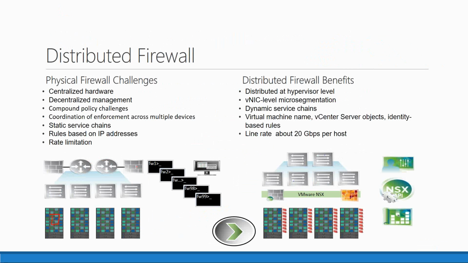Now, a term that you see thrown around with this all the time, and I'll just underline it here so you can see it, is this thing called microsegmentation. It's a fancy sounding term. We love fancy sounding terms. Well, when we look at microsegmentation, what we're talking about is being able to take this idea of a firewall and apply it all the way down to the individual virtual NIC level on individual virtual machines.